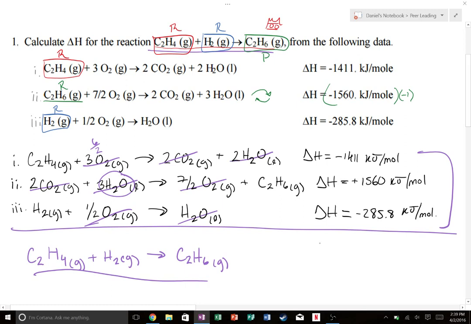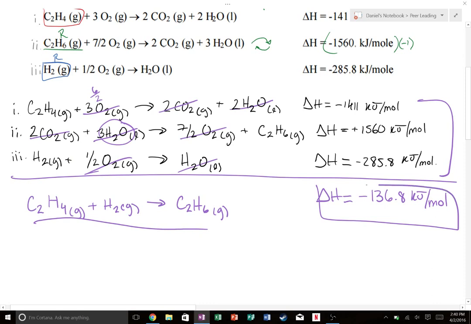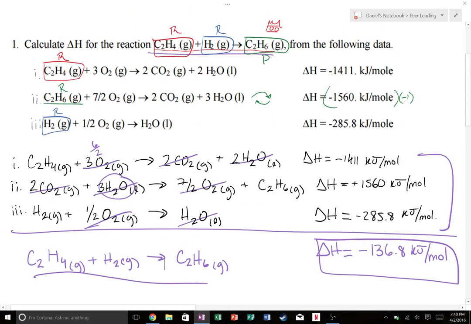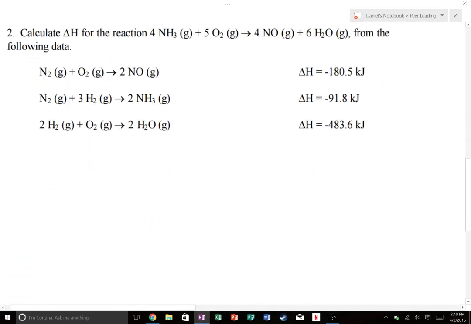And that gives me a grand total of negative 136.8 kilojoules per mole. And this is going to be our answer. So we did all of that over there just to get this negative 136.8 kilojoules per mole. So let's go ahead and get to a little bit of a harder problem.